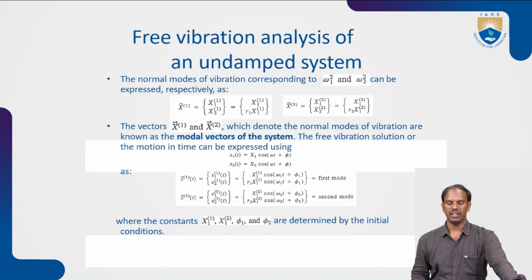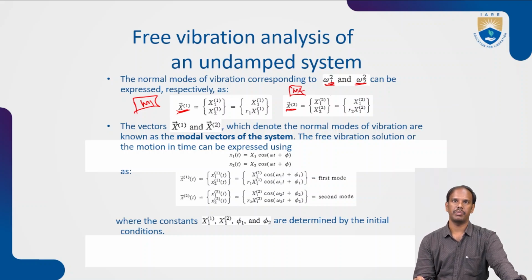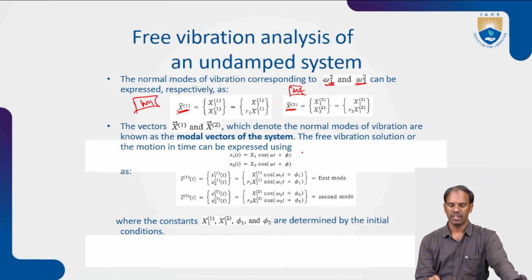Now we can write in terms of the corresponding modes, that is, the omega values. So x1 we can write in terms of mass 1 and mass 2, the distances of the mass 1 and mass 2 values. x1 can be written in terms of x1 x2 under the effect of mass 1 forces.